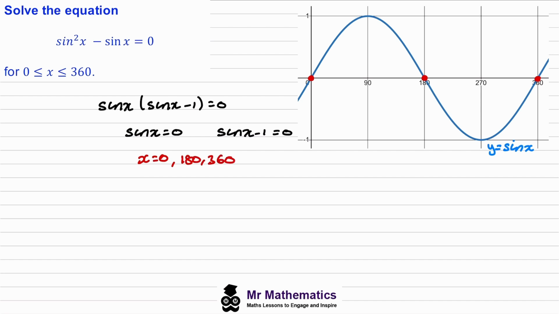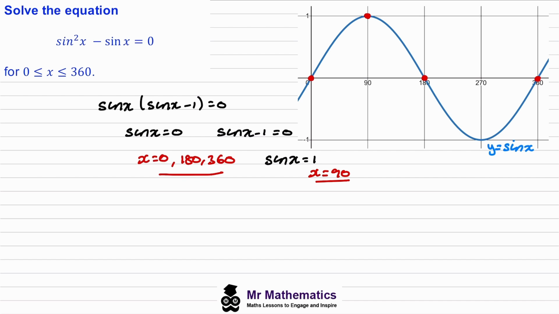But we have another solution when sine x minus 1 equals 0. We can move this negative 1 to the right-hand side, so sine x will equal 1, and this will be when x equals 90 degrees. So x equals 90 will be the other solution. So you can see that this equation has four solutions at 0, at 90, 180, and 360 degrees.